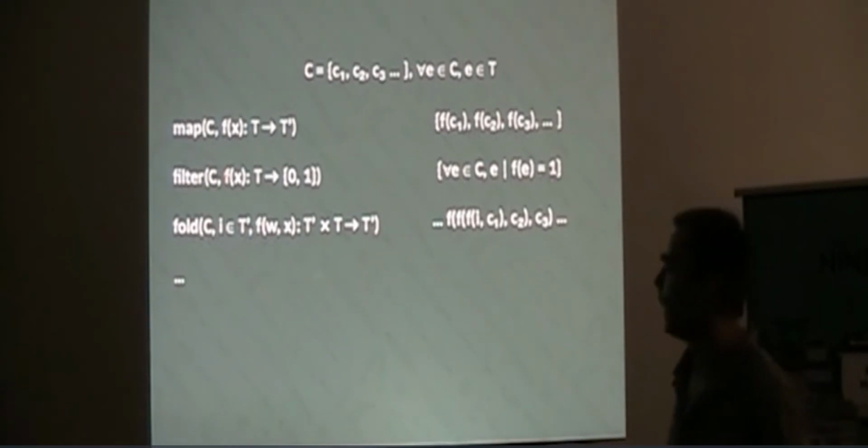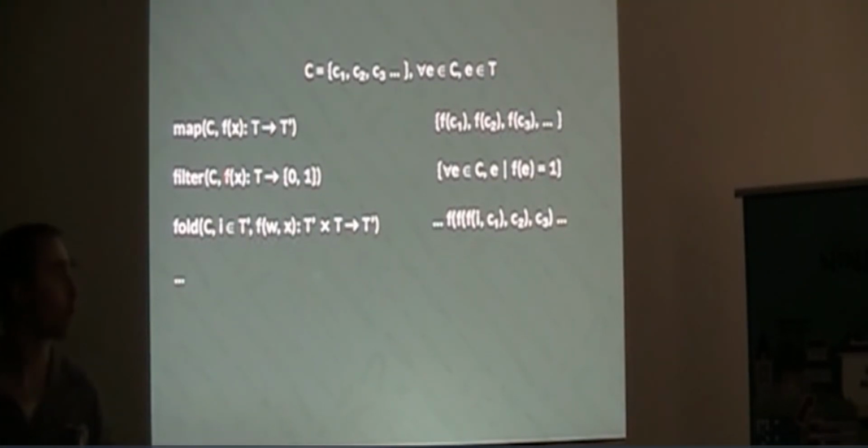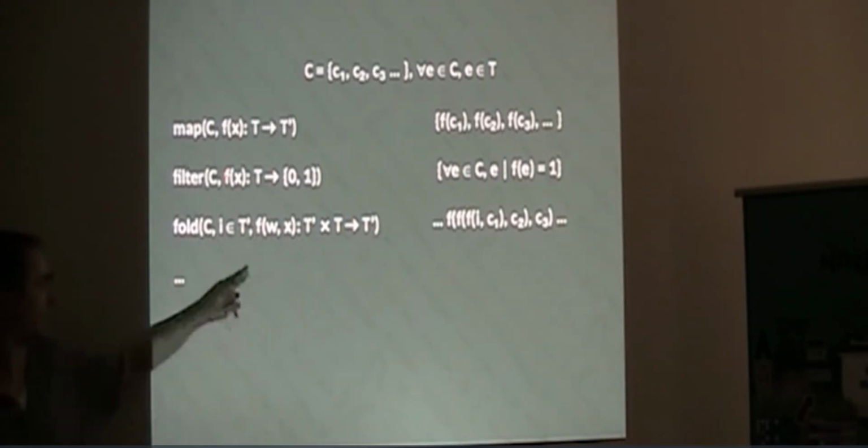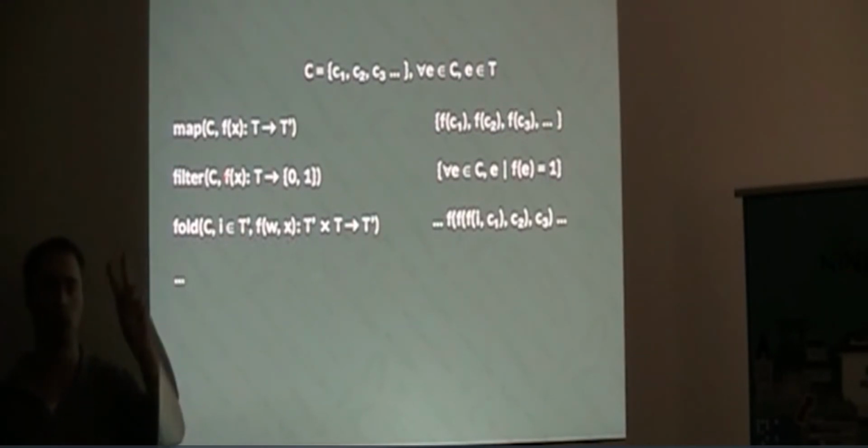Fold is a little bit different. Here we're not creating a new data structure. We just want to compute a single value, but we want to compute it using every single element from the collection. The way one of the versions of fold works is you pass it an initial value, and then a function that takes two parameters.